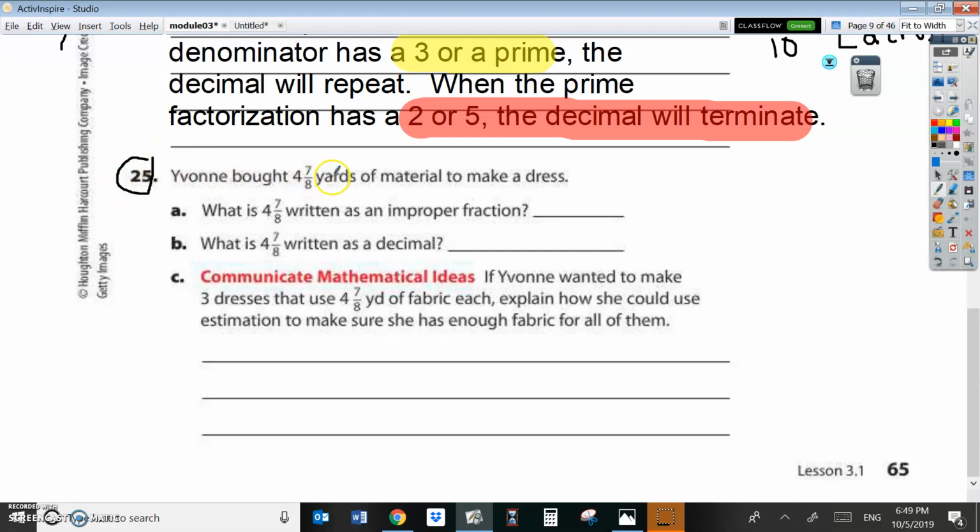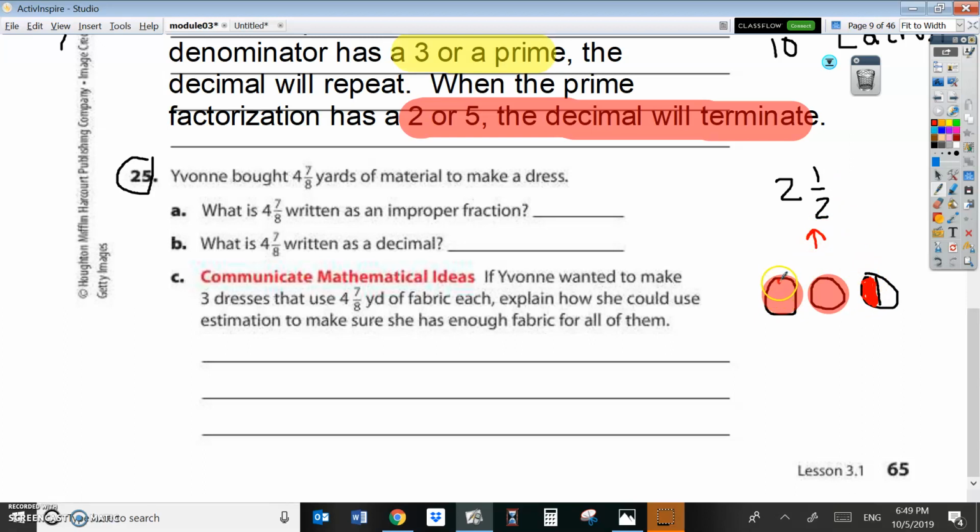Yvonne bought 4 7/8 yards of material to make a dress. What is 4 7/8 written as an improper fraction? Okay, remember, 2 and 1/2 is the same right here. So here's 2, and then 1/2 looks like this, right? So that's 2 and 1/2.